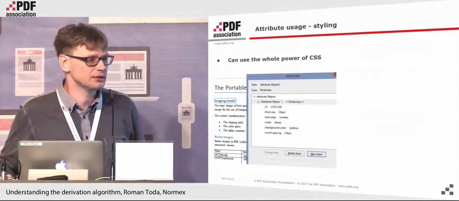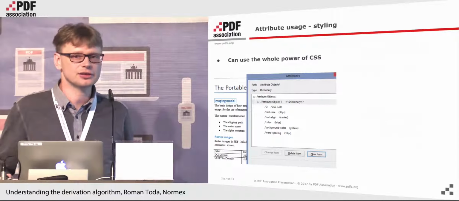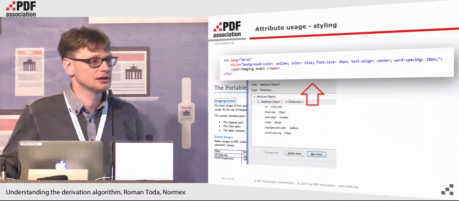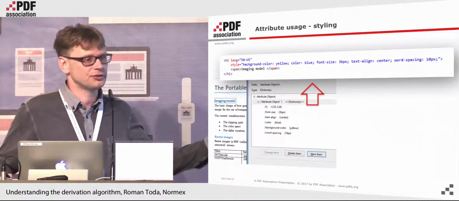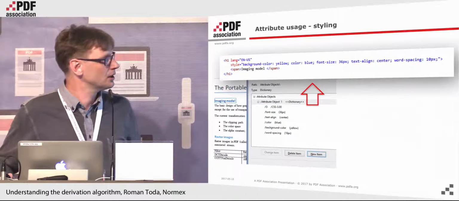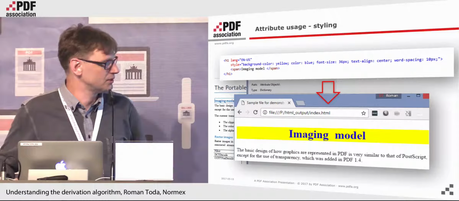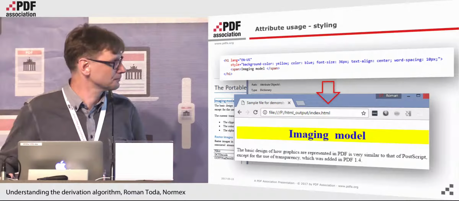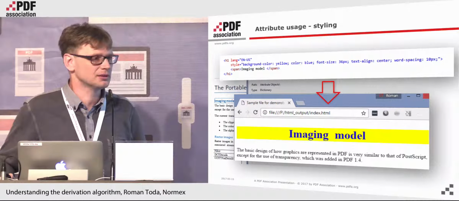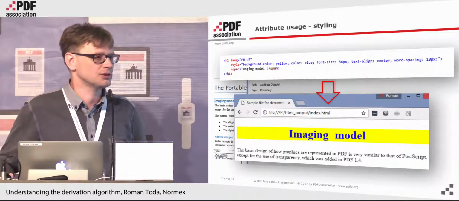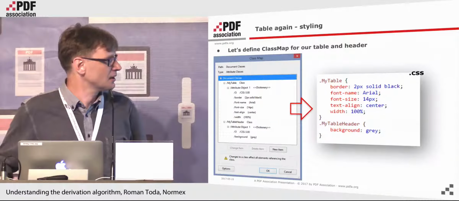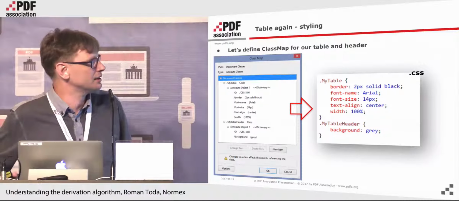How would that look when we are running derivation on this? In derivation, we can apply styles. They can go directly from the attributes or class map if we wanted to. And we would derive HTML, and as an output, it would look something like this. Not exactly the same as it looks in PDF, but if that's what our author wants, maybe that's not that bad.